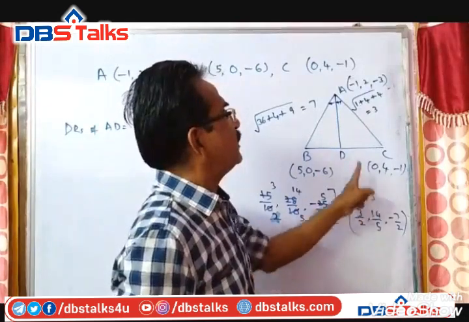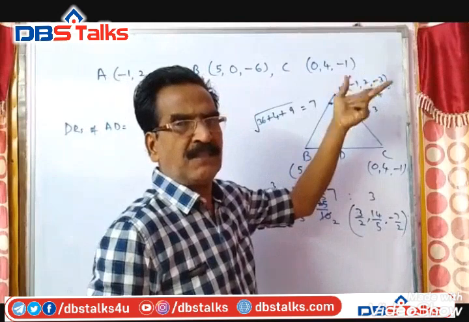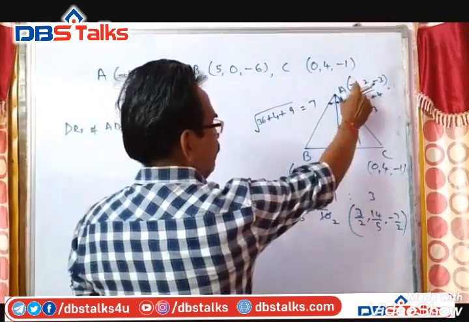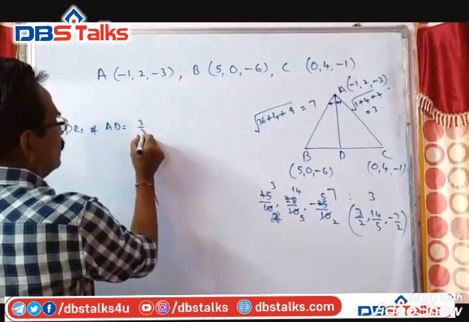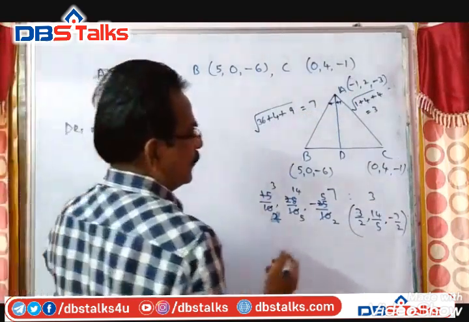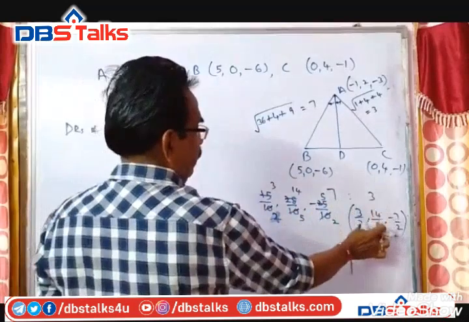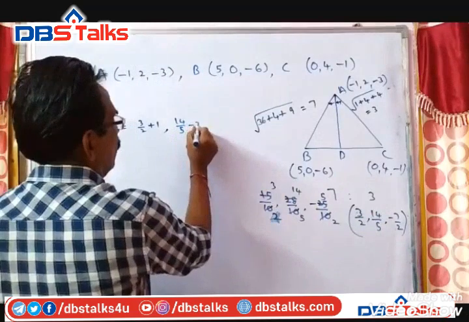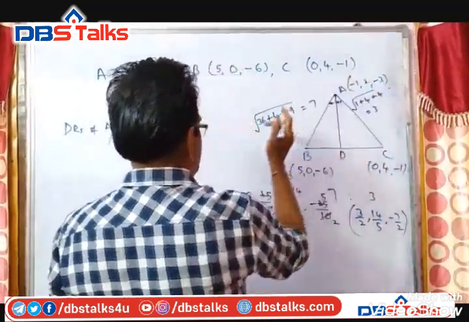AD: x2 minus x1, y2 minus y1, z2 minus z1. So 3 by 2 minus of minus 1, 3 by 2 plus 1, comma 14 by 5 minus 2, minus 5 by 2 plus 3.